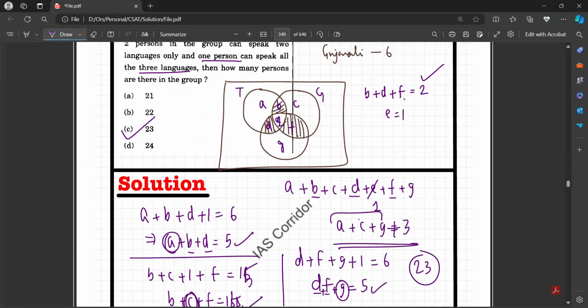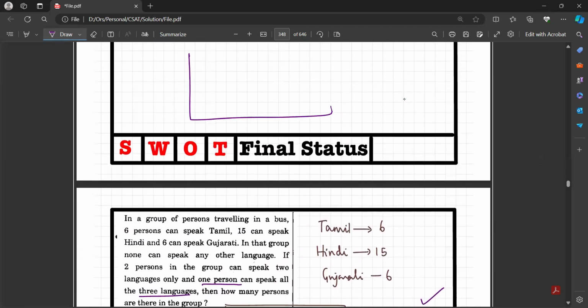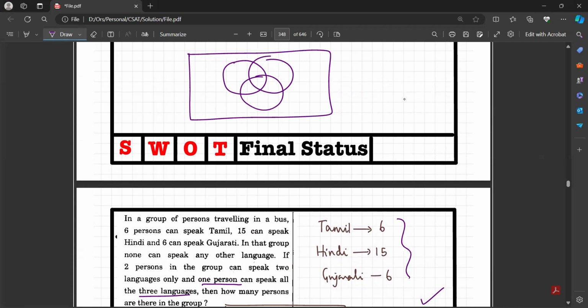The trick for this question, what you can do is, rather than taking the sum as 2, let us assign one value as 2. Subject to this number not getting violated, I give this 2. I assume these two as 0. This becomes 1. This was Tamil. So if this is Tamil, then this has to be 3.